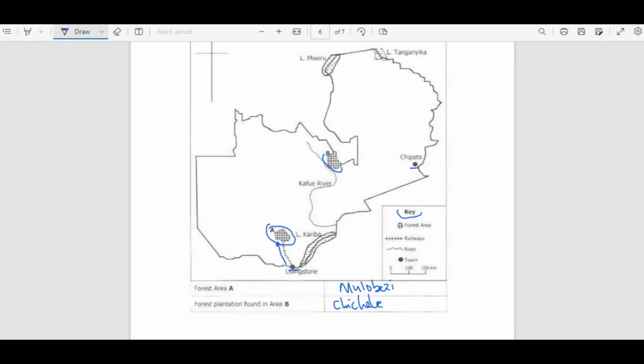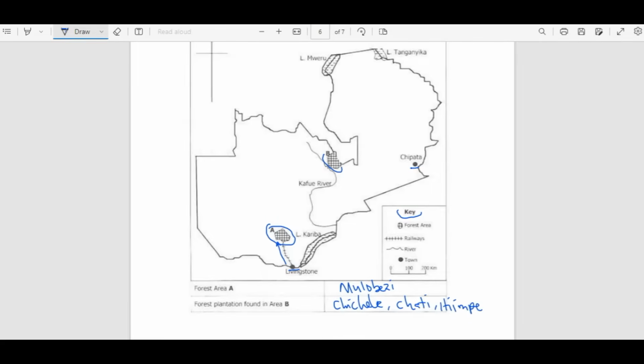And then apart from Chichele, we have Chati. It is a forest which is found on the copper belt. And then another one we can give, Ilitimpe. So that is another one.